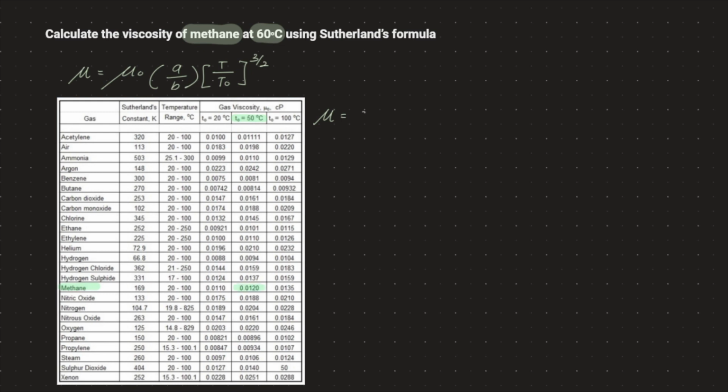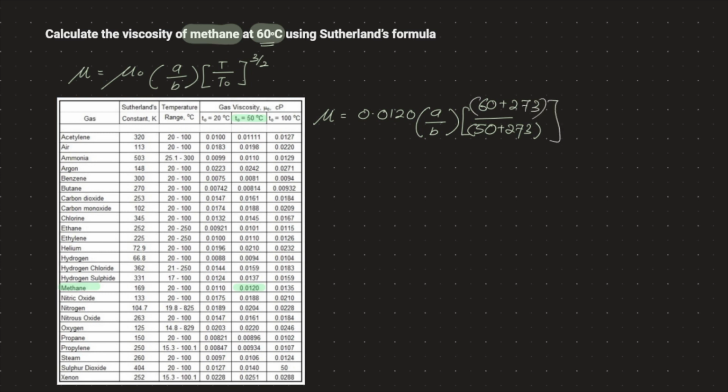So equivalent to 0.0120 and then times A over B and then the temperature. So the reference temperature, which is the T naught, is equivalent to 50 degrees Celsius because what we are going to use now is 50. So 50 plus 273 and then the actual temperature is 60 degrees Celsius, so 60 plus 273.